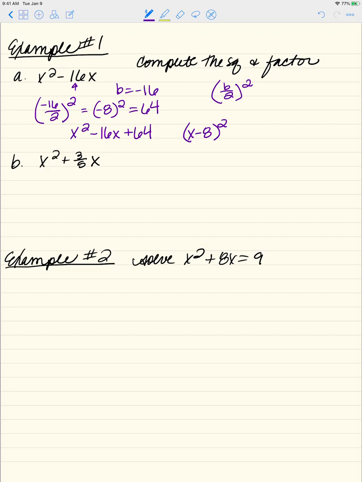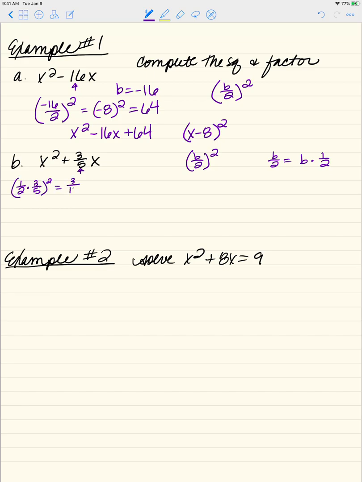Part b is x squared plus 3/5 x. Identify what is b. There's b right there. So remember, again, b over 2 squared, okay? So 3/5 divided by 2. Remember, b over 2 is the same as b times 1/2, right? So if b is 3/5, that means we're taking 1/2 times 3/5 squared.